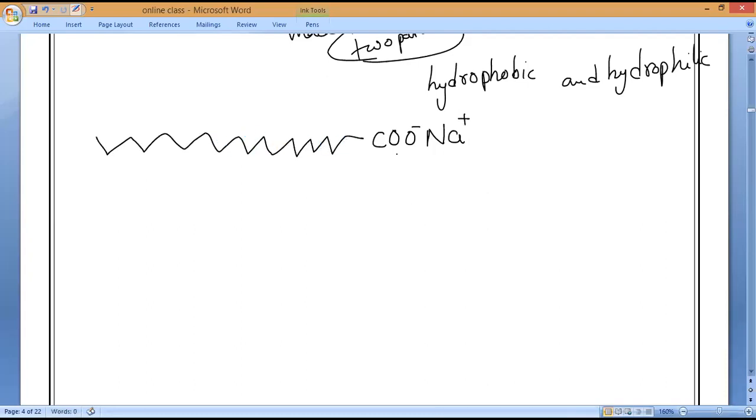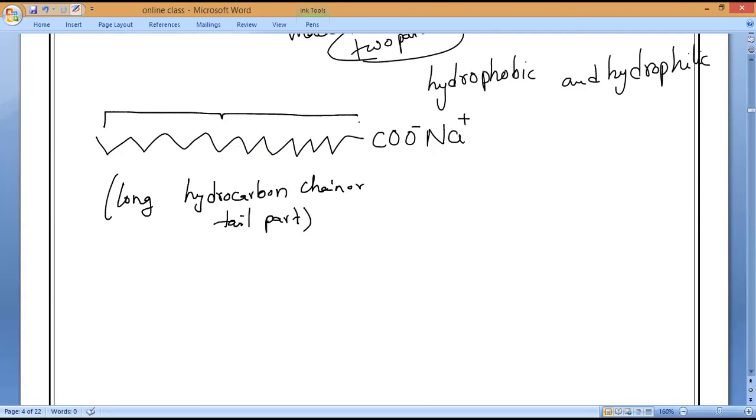Carbon number varies from where to where? Up to 17. That is why it is a long hydrocarbon chain, or we say tail part. So every soap has one tail. This part from here to here, what is this part called?